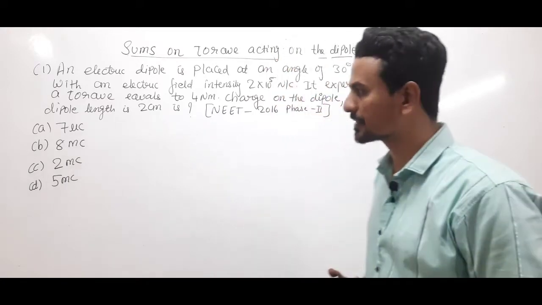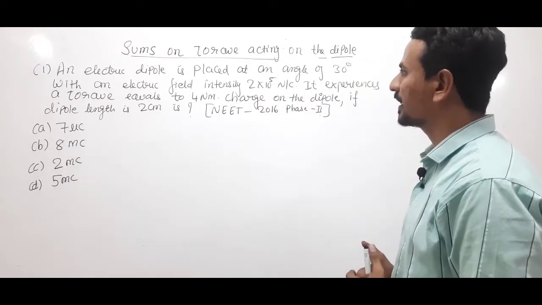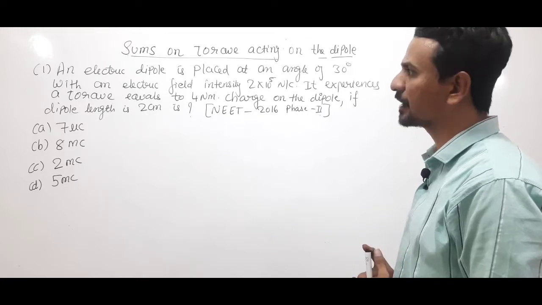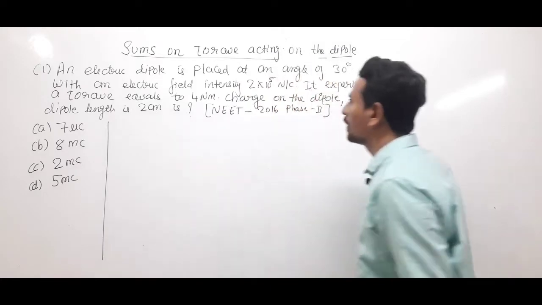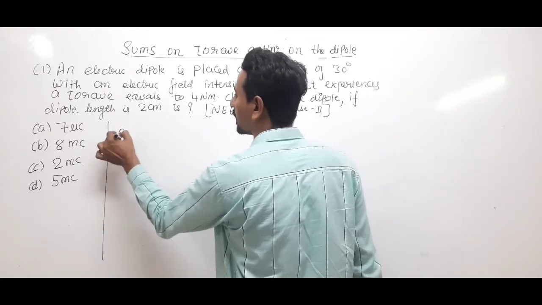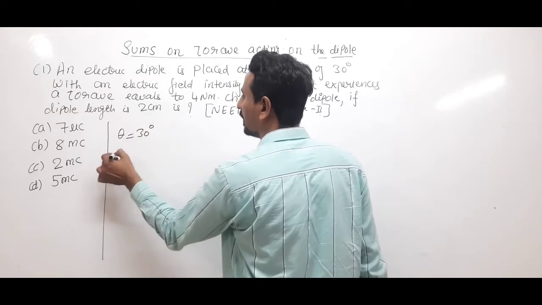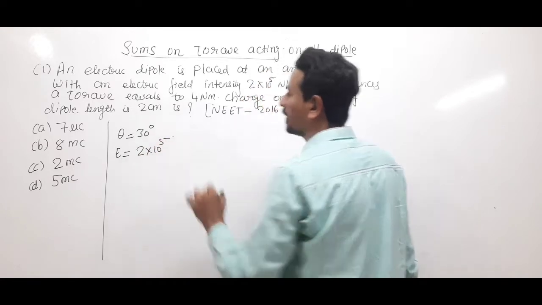See, this is your question which was asked in NEET 2016. An electric dipole is placed at an angle of 30 degrees with the electric field intensity of 2 into 10 raised to 5. So theta is given as 30, and the value of the electric field is 2 into 10 raised to 5.